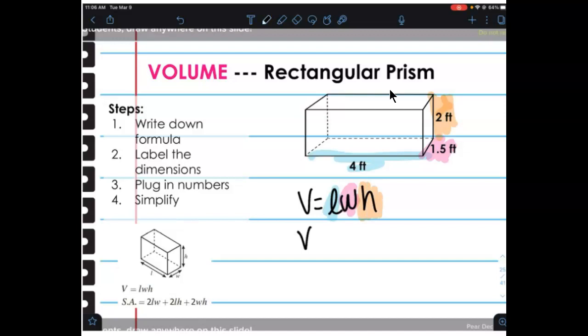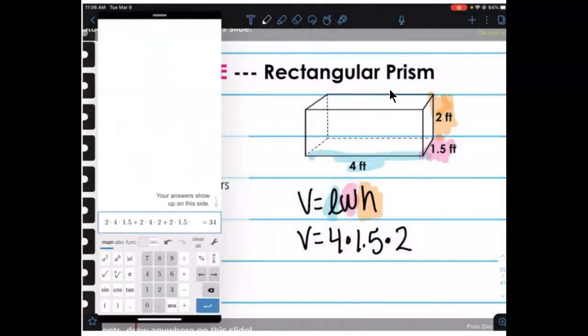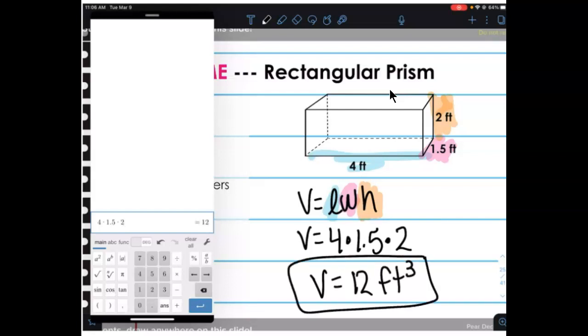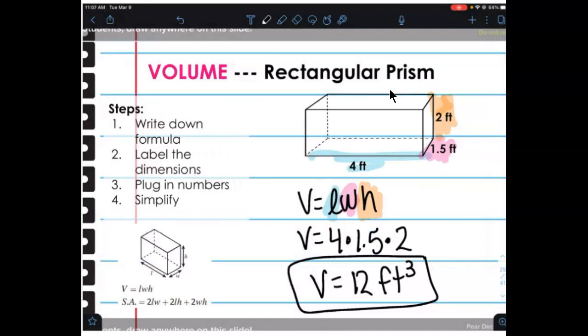All we're going to do to find the volume is 4 times 1.5 times 2. We're just going to multiply. Remember, when variables sit next to each other, that's just multiplication. So 4 times 1.5 times 2 is 12 feet, and this one's going to be cubed. That means that to fill this rectangle, we would need 12 cubes that are 1 foot by 1 foot by 1 foot.